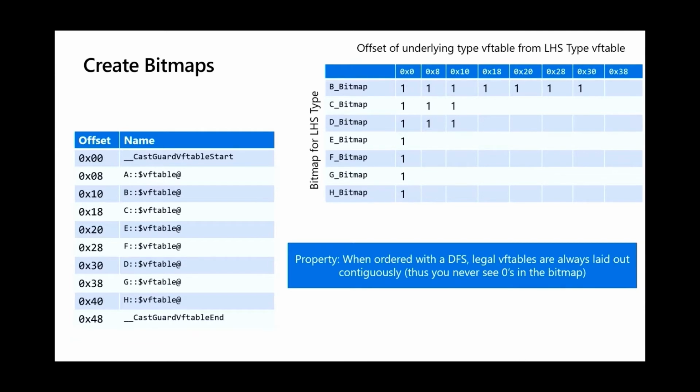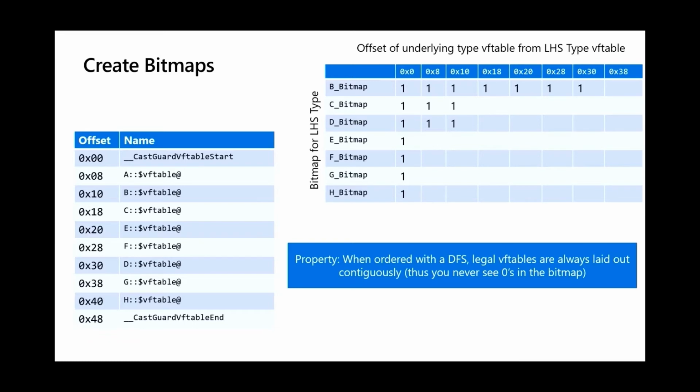But one of the things that you end up noticing when we create the bitmaps this time is that when you lay the vtables out using this depth-first ordering, you never have a situation where you have two vtables that are legal for a cast and a vtable that's not legal for the cast in between them. All vtables that are legal for any particular cast are laid out linearly next to one another.